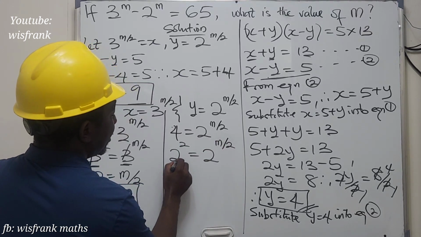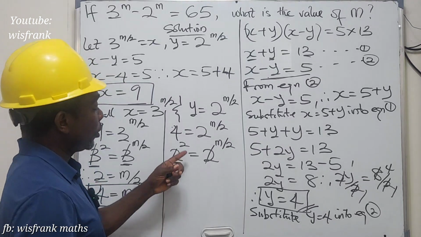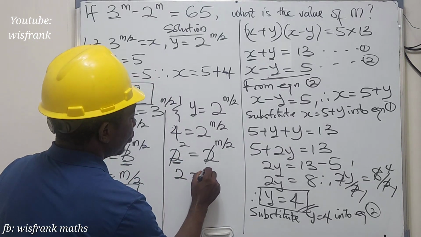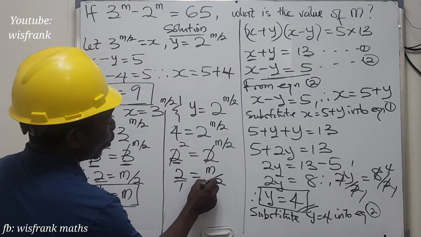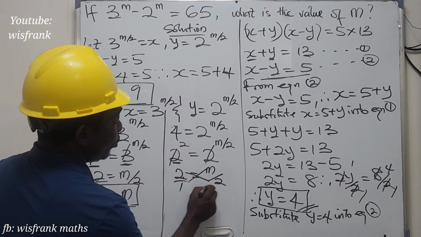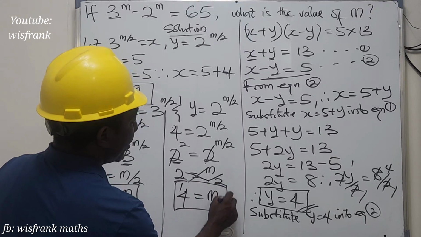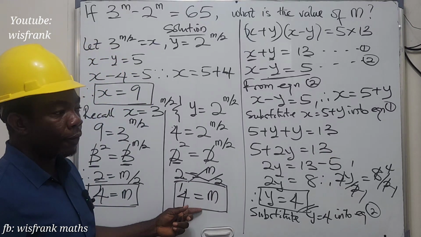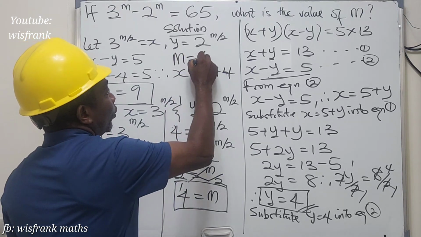We have the same base here, so the 2s cancel because they are common. So we have 2 equals m all over 2, which is the same thing as 2 all over 1. Cross multiplying, 2 times 2, which is 4, equals m. So the value of m here also equals 4. Therefore, we conclude that our m equals 4.